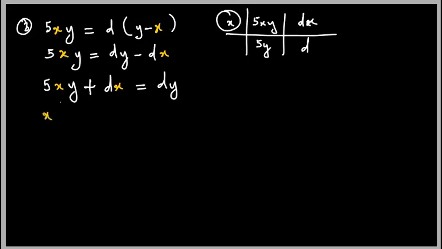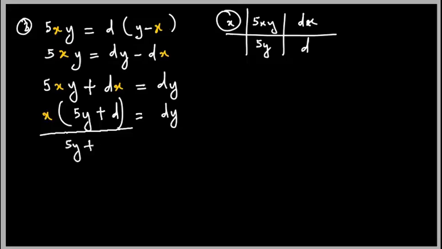So that is why I said the highest common factor here is just x. Now put the rest in brackets. So 5xy divided by x is just 5y plus dx divided by x is d, close the bracket, equals dy. And now to get my x, I'll divide both sides by this bracket. It becomes divided by 5y plus d, divided by 5y plus d.